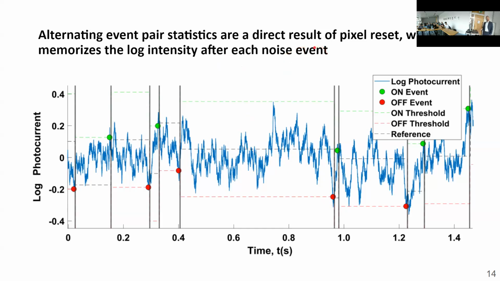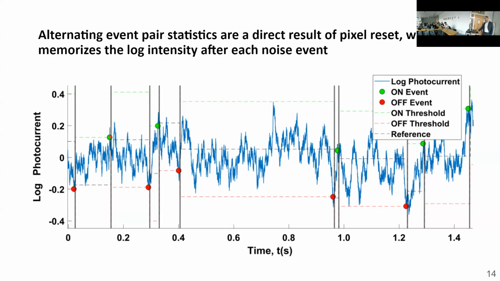And it's really just a result of the pixel reset logic, which we said before. Remember, it memorizes the log intensity after each event. So let's consider the same signal. As it dips down below the off threshold, I'm going to generate that off event as I predict. But then I'm resetting my reference level, which is now offset near the bottom of my noise level, which makes it much more likely as the signal deviates back towards its mean that I'm going to generate a subsequent on event.